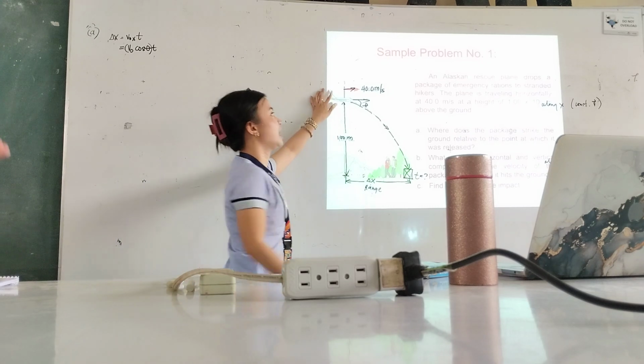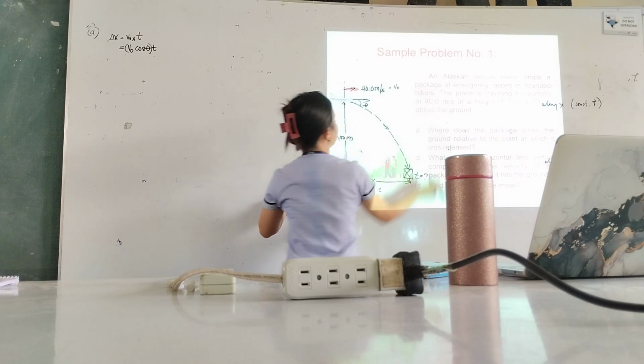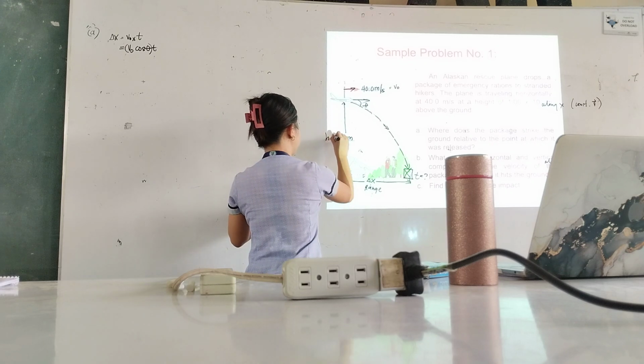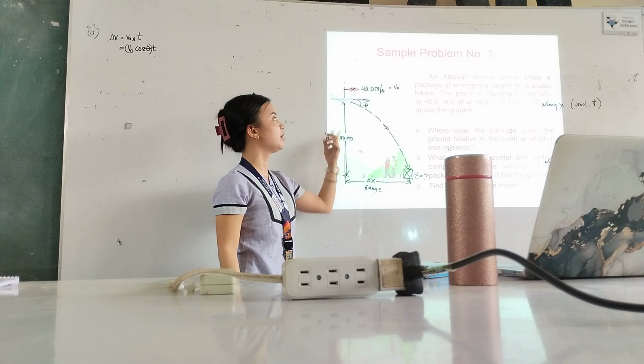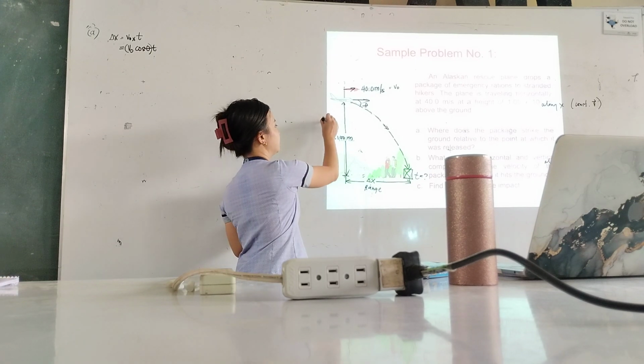We are given V0, the height, and g, gravity.